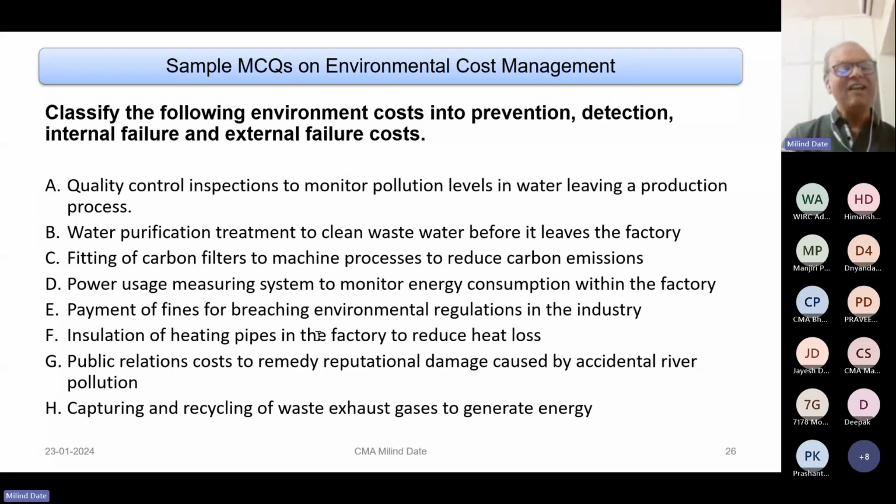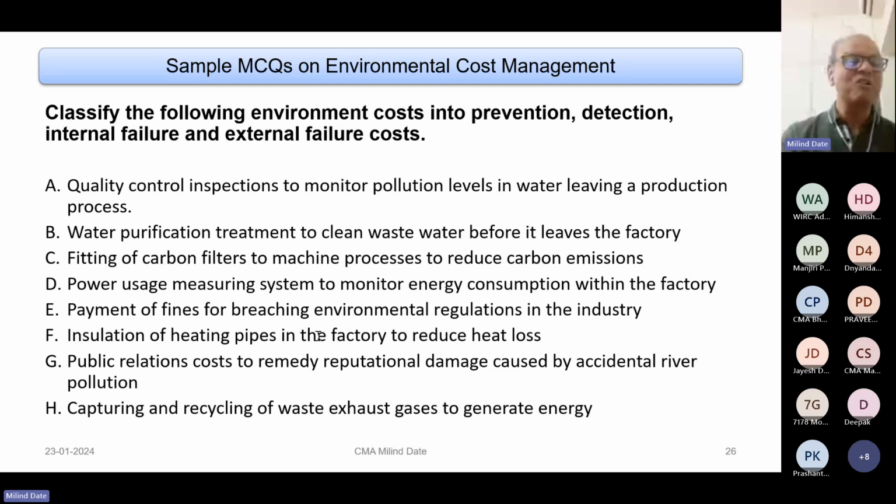Take statement E, payment of fines for breaching environmental regulations. That means you have not bothered about the environmental consequences. You have not bothered to prevent them, nor bothered to have systems of detecting it at an early stage.